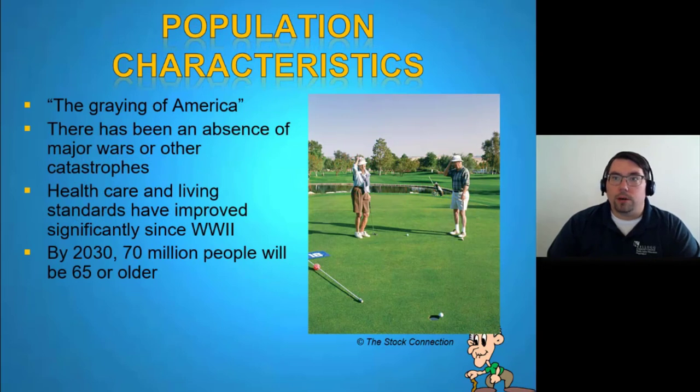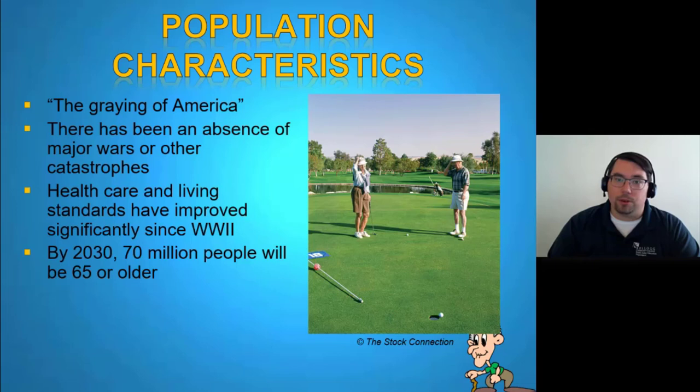It's also important to point out population characteristics. We know that the majority of Americans are older, and we are referring to that as the graying of America. This is generally seen in the absence of major wars or other catastrophic events.